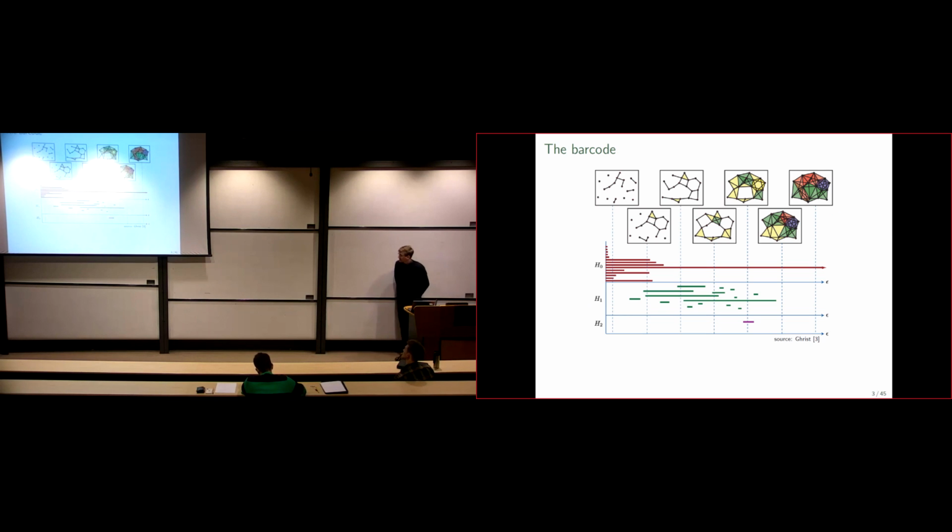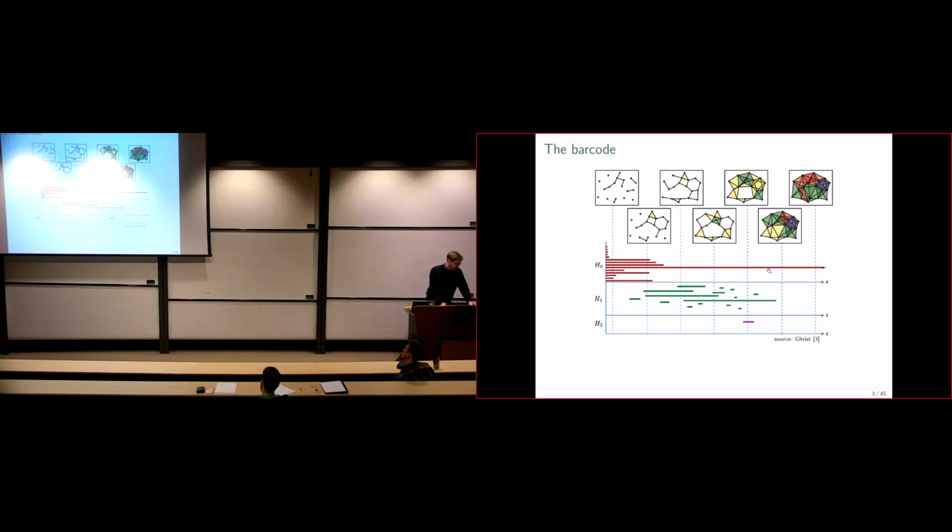Here's an illustration of this process where on the top we see snapshots of simplicial complexes in this filtration, and on the bottom you see the barcode for different homological dimensions. Okay, what's the best way of illustrating this?